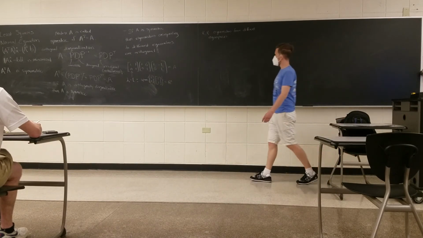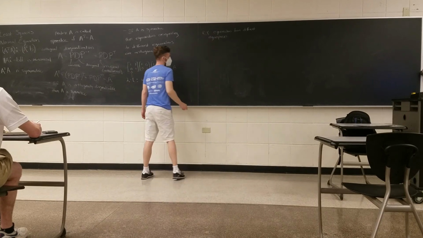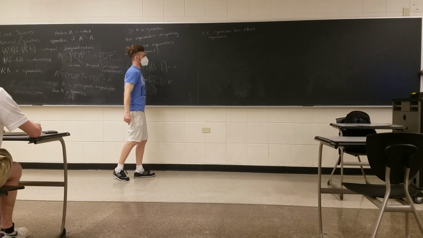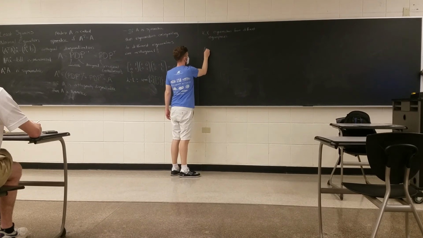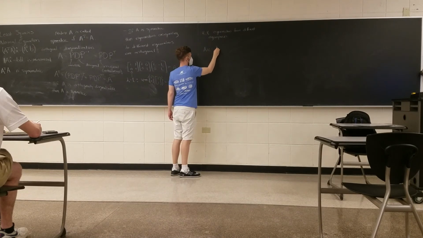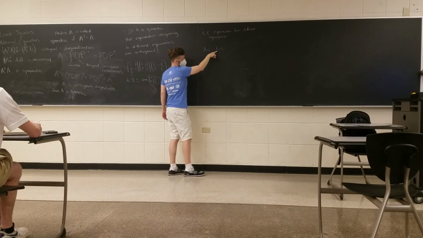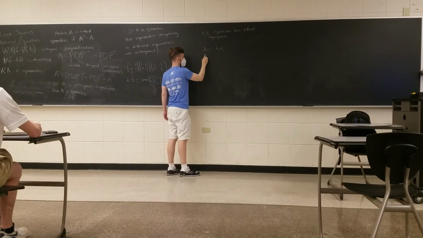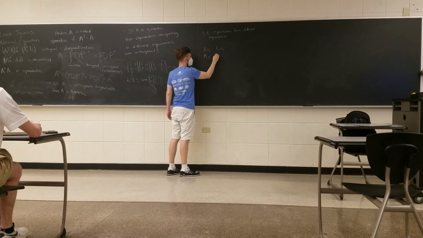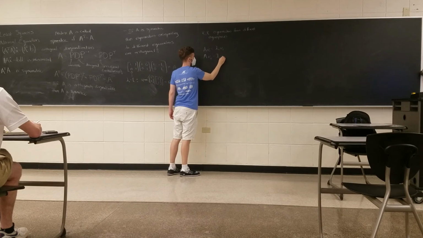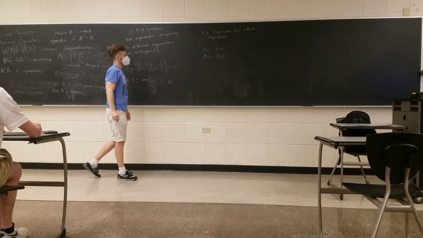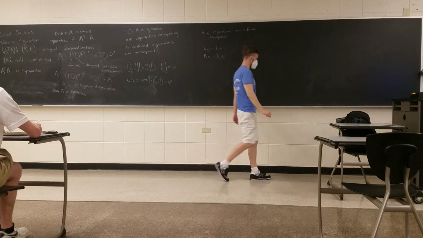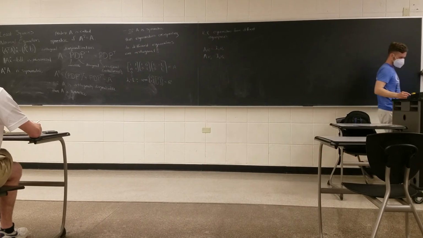So what is the relationship that these things have? Well, we have that A v1 equals lambda 1 v1, that's the corresponding eigenvalue, and A v2 equals lambda 2 v2. Right?